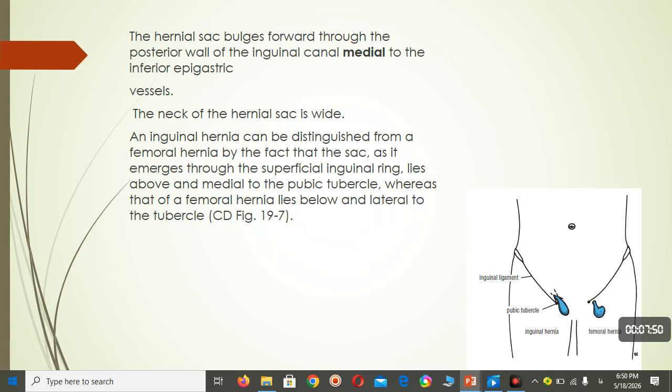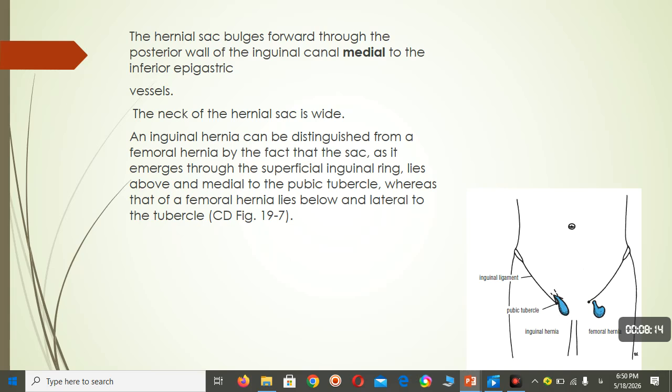What's the difference between femoral hernia and inguinal hernia? In the inguinal hernia, the hernial sac is medial to the pubic tubercle.